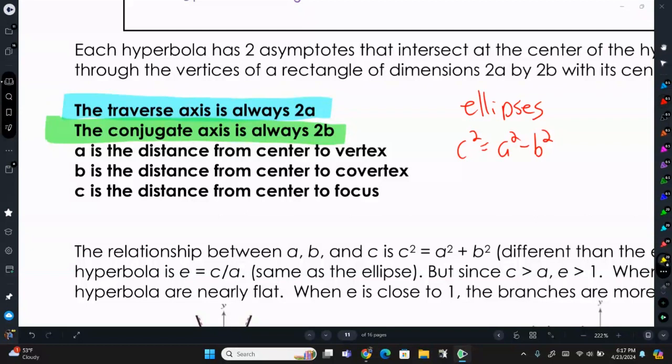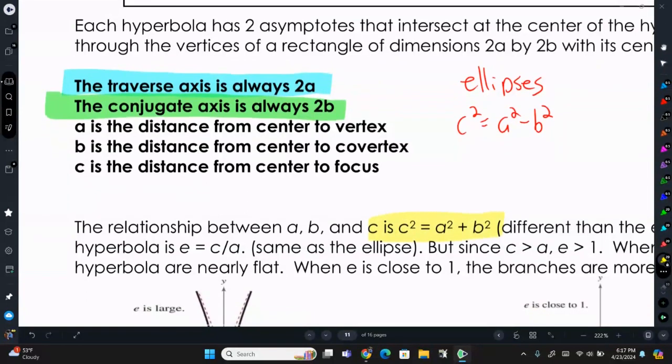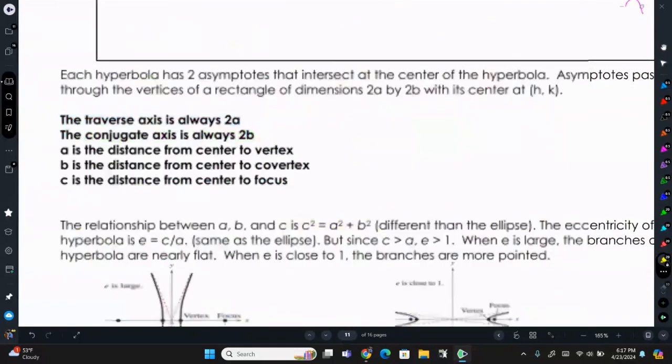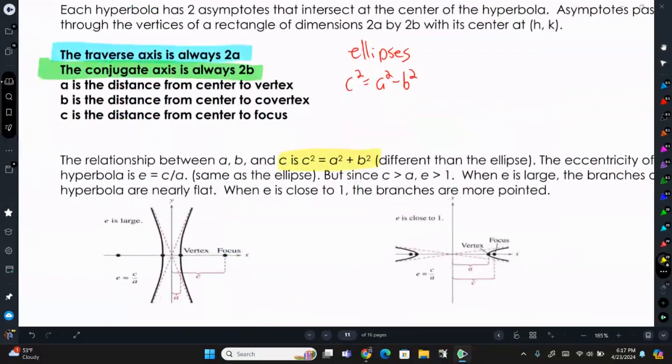But for hyperbolas, c squared is equal to a squared plus b squared. We also have eccentricity, which is calculated the same way as the ellipse. So it's very important that you are practicing these and you're able to differentiate between the different conics and what rules they have.